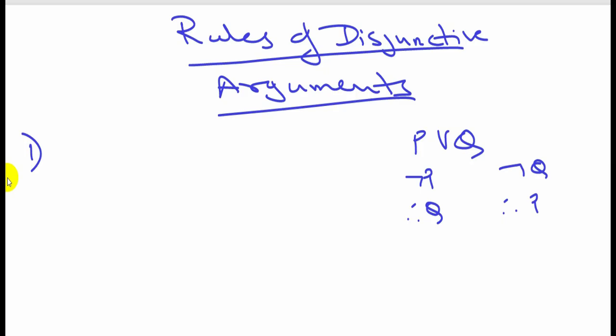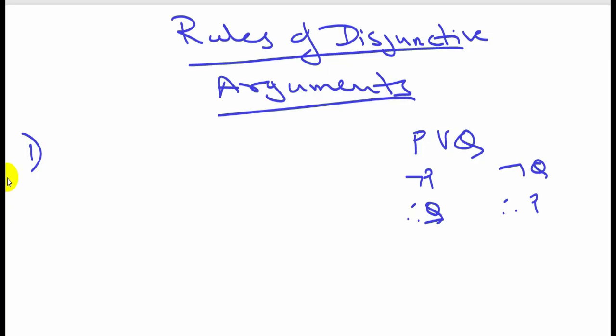So this is by denying one alternative. But first the alternative has to be denied. These are two alternatives, either P or Q. In the minor premise, the other alternative can be affirmed in the conclusion. So in the conclusion we affirm the other alternative. Since either of these alternatives may be denied, by applying this rule, we get two forms of disjunctive arguments.